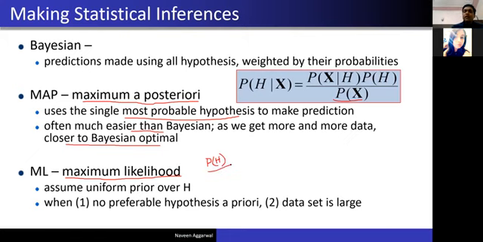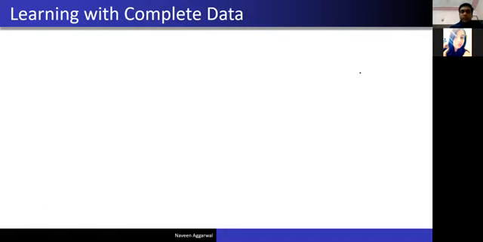It can happen when there is no preferable hypothesis, or we do not have any information about the hypothesis, or your data set is so large that the difference between the probability of H1 and H2 is negligible. In that case you are only looking at one parameter. So this is what we did in the last class.